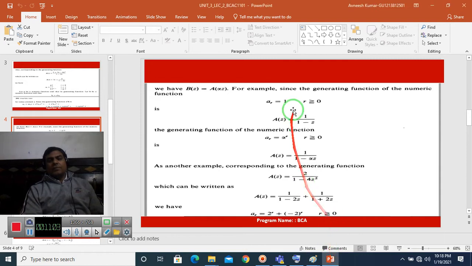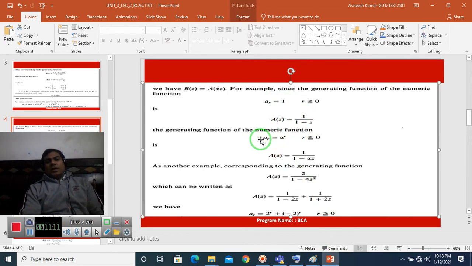So you can see, if the numeric function is a_r equal to 1, the final answer is 1 upon 1 minus z. Similarly, if you have a_r equal to alpha to the power r, just put alpha 1, alpha 2, alpha 3, so it becomes 1 upon 1 minus alpha z.